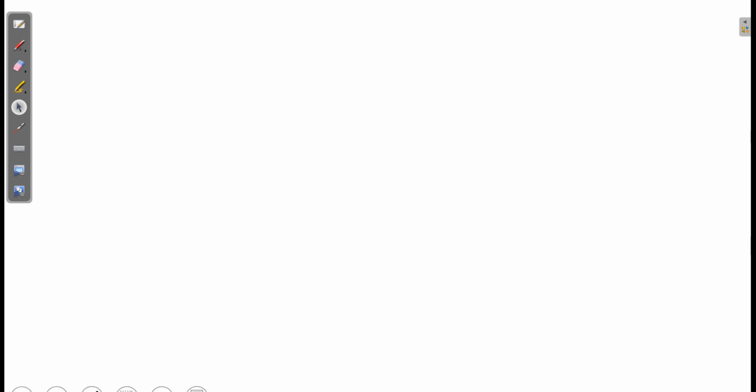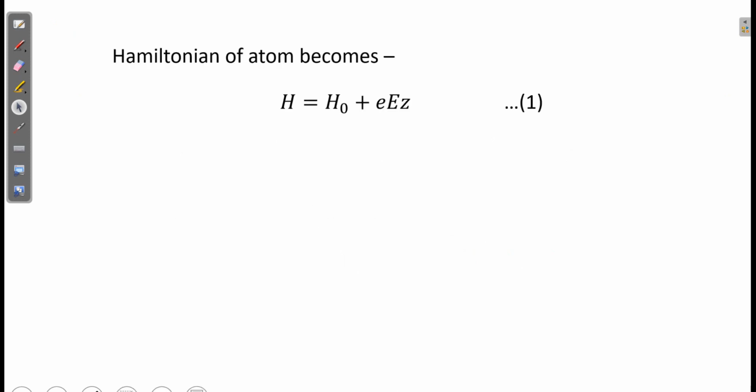So the Hamiltonian of the hydrogen atom in the presence of the electric field becomes H naught, the initial Hamiltonian in the absence of the electric field, plus eEz, the additional energy that comes due to the effect of the electric field on the hydrogen atom.